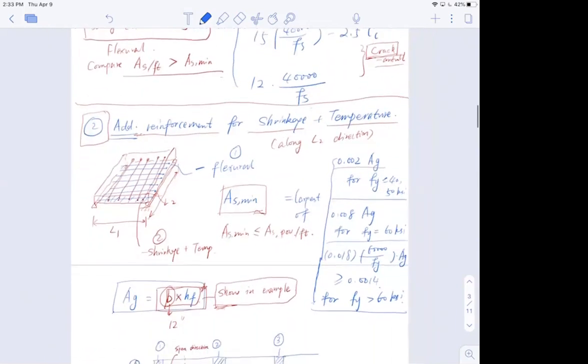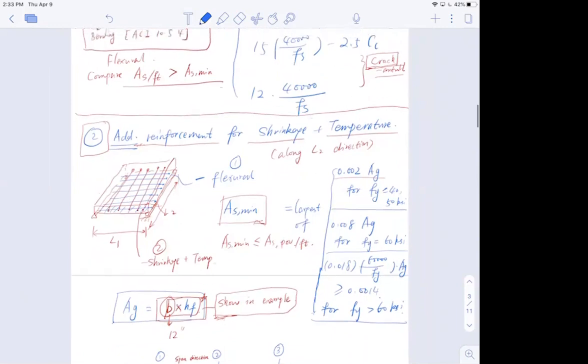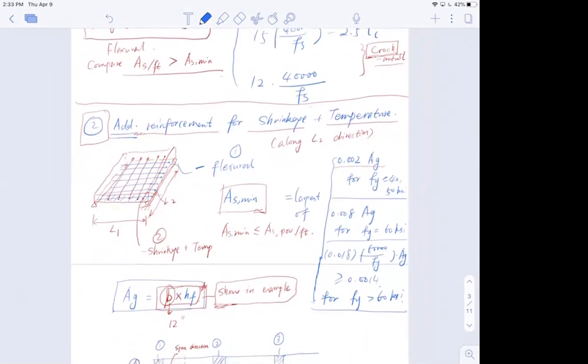As min has to be the largest of 0.02 Ag, 0.0018 Ag, or the third equation. Let me scroll up real quick to illustrate this part. These 3 equations we need to pick from. Now, in our case, fy is 40 ksi, so we only need to pick this equation.